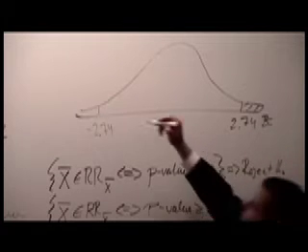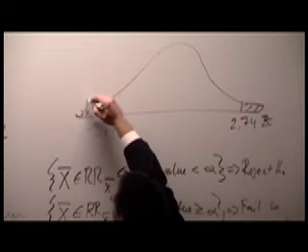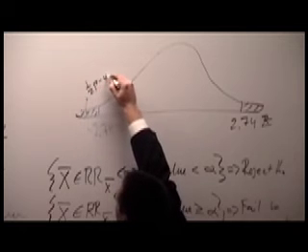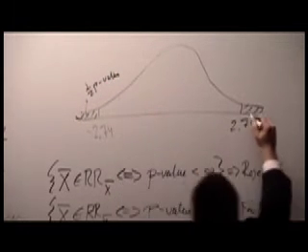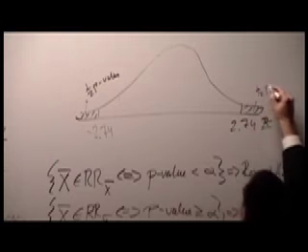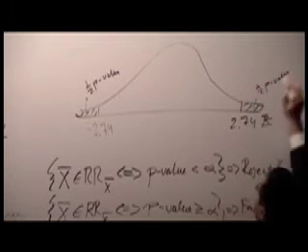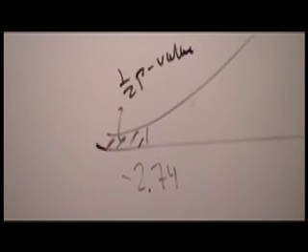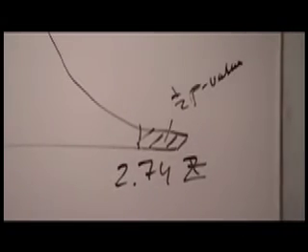And therefore, both of these shaded areas are half the p-value. And that's why you need to multiply that by 2 in order to get the full p-value.